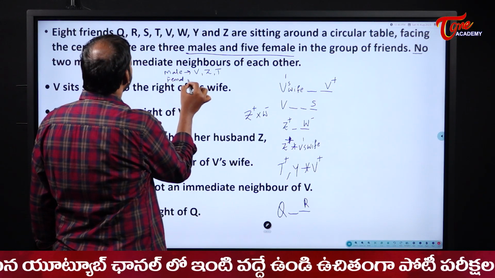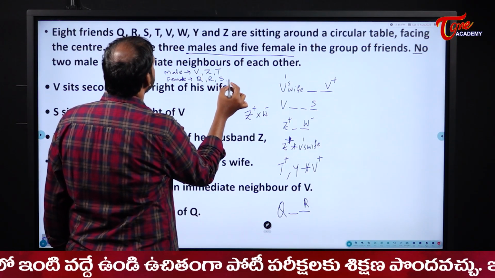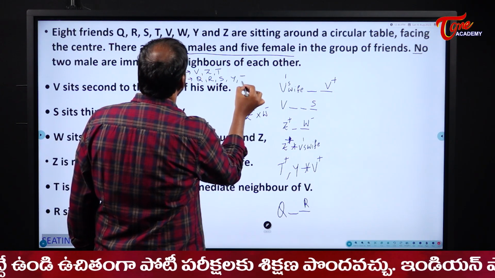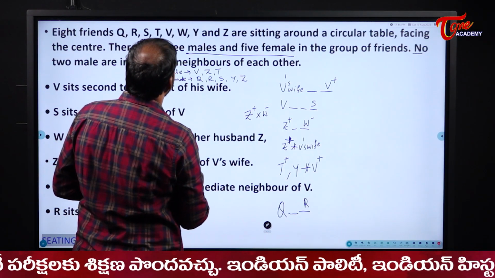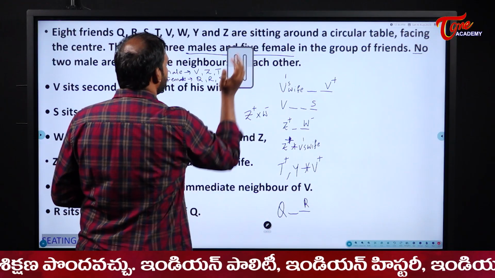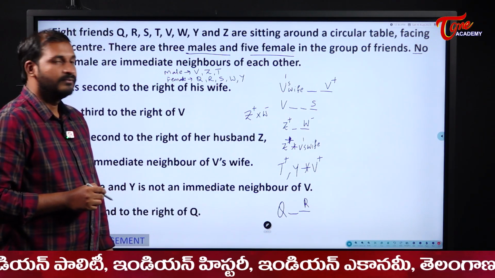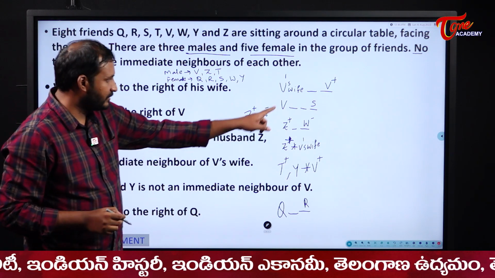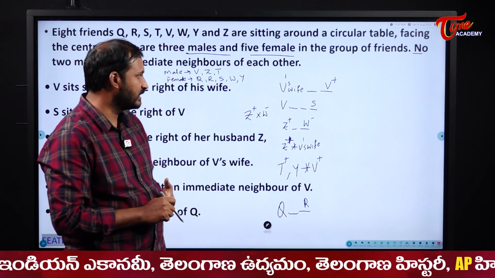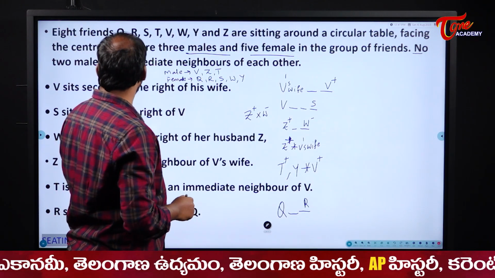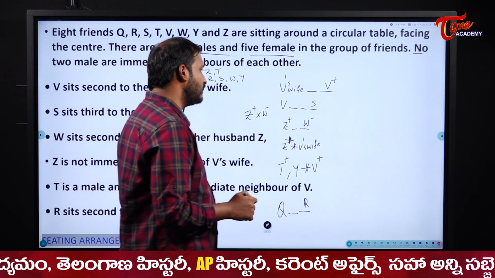Q, R, S, W and Y are female for me here. Why? Because we understood V has a wife, Z is a husband and T is also male, they clearly mentioned. And no 2 male persons should sit immediate to each other.